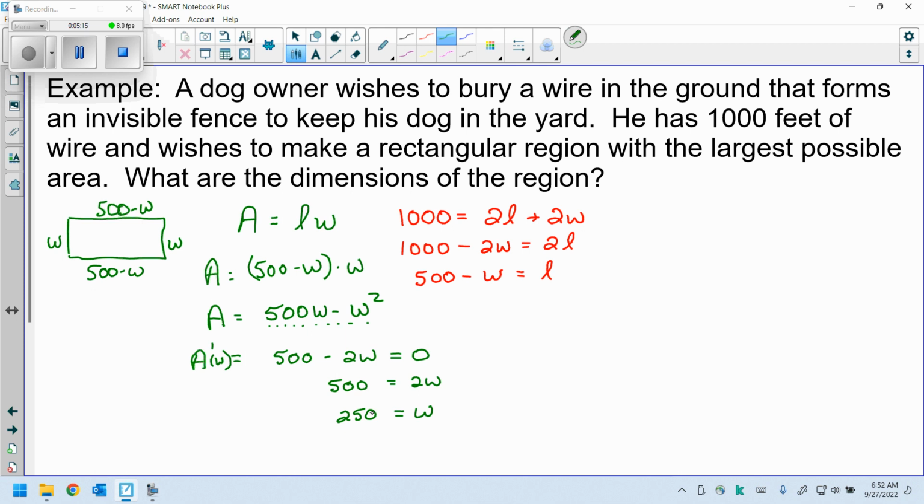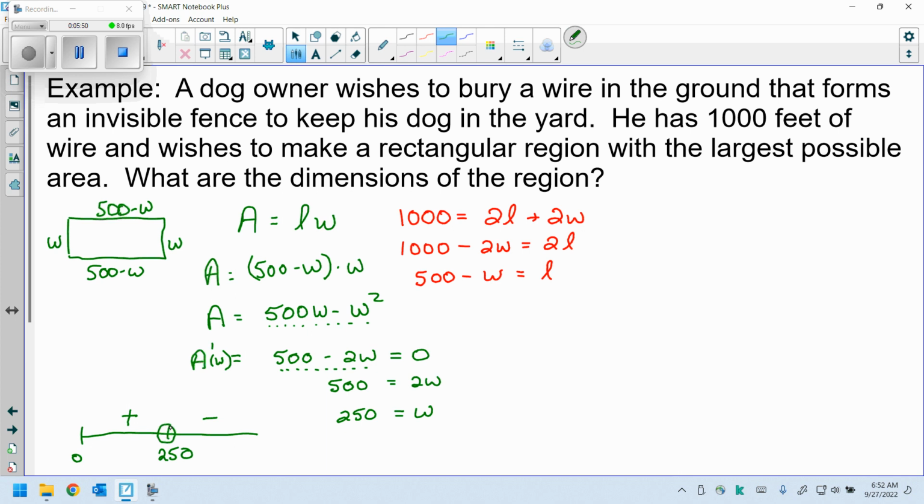Now, if I were to actually make a sign chart and put a 250 on here, if I choose anything less than 250, I get a positive value for my derivative. If I choose anything greater than 250, I get a negative value for my derivative. And so yes, at 250, we are going to have a maximum value for our area.